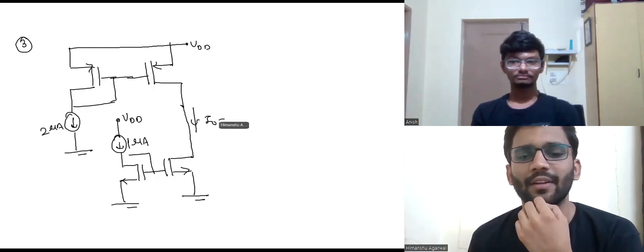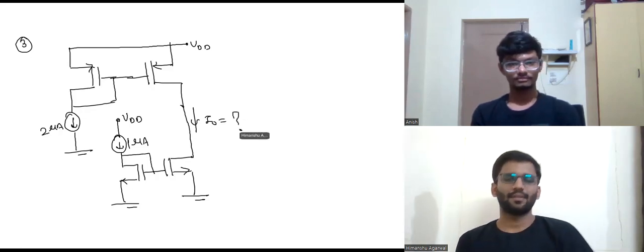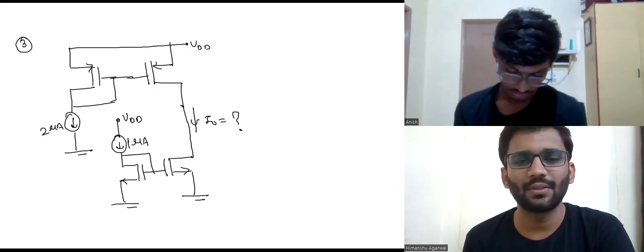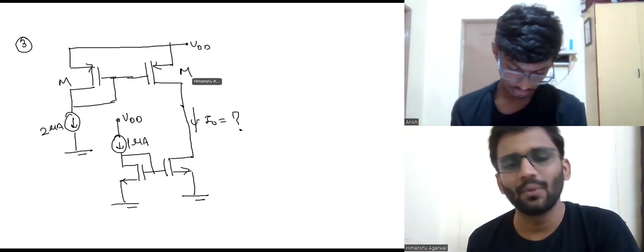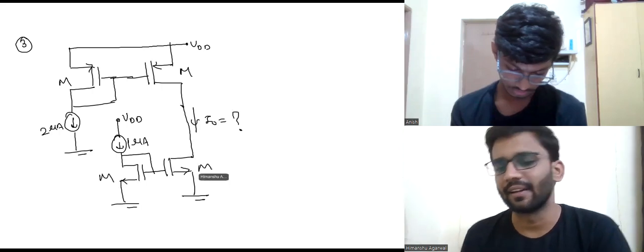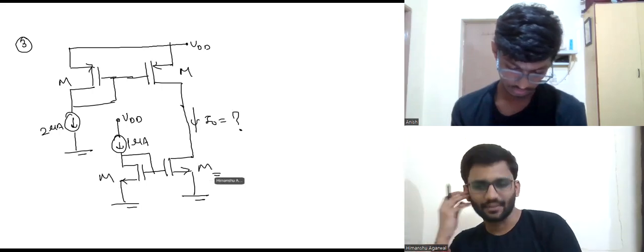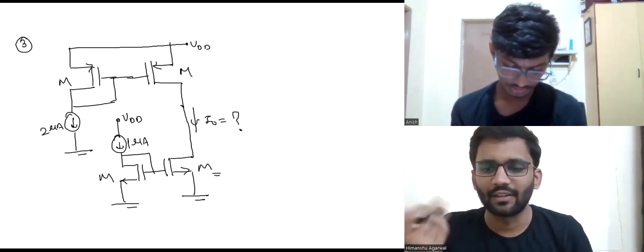What should be the value of I naught here? Let's call these two transistors identical, okay? And all transistors are identical in terms of Kn and everything like that.